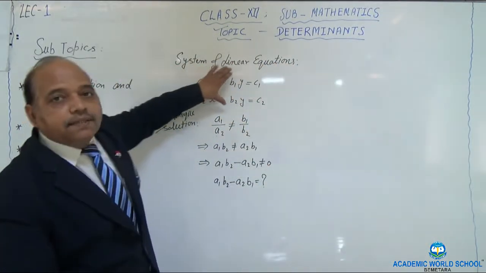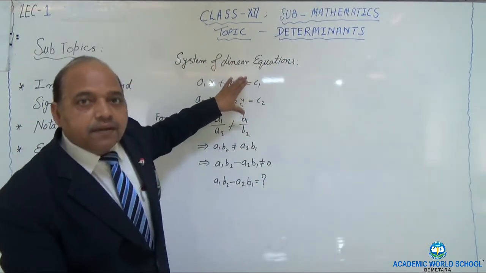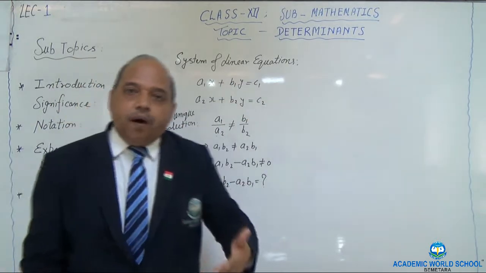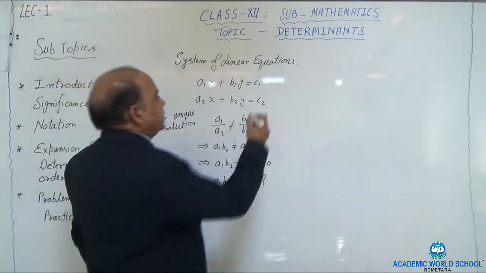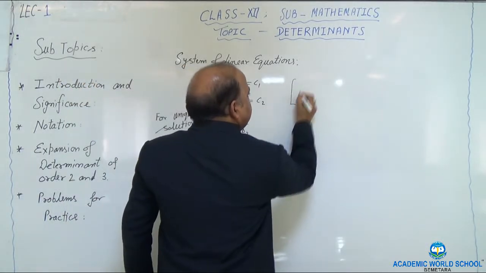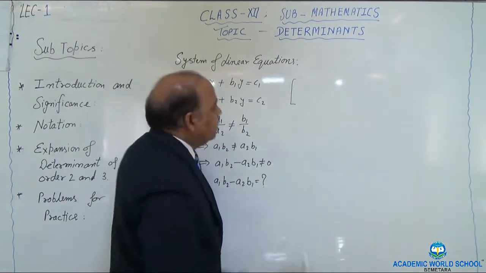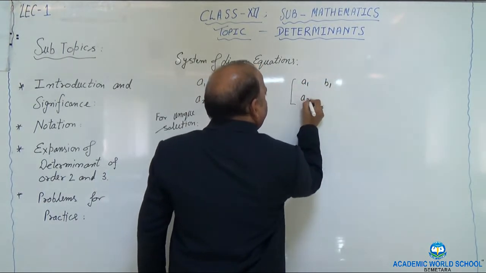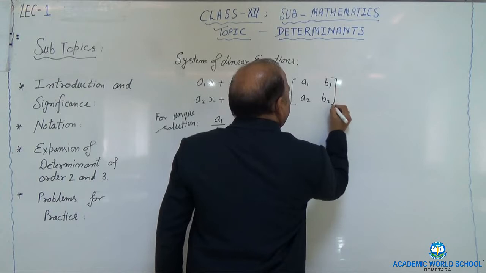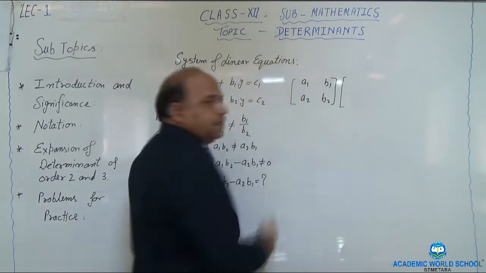The same system of linear equations we can also write in the form of matrices. How to write? Look at this. We can write it as A1, B1, A2, B2, and what is this?